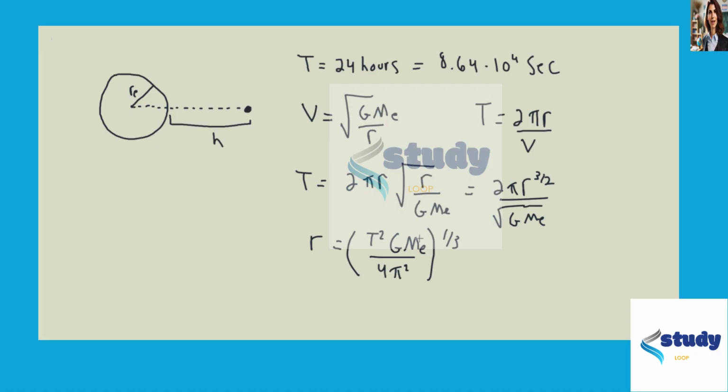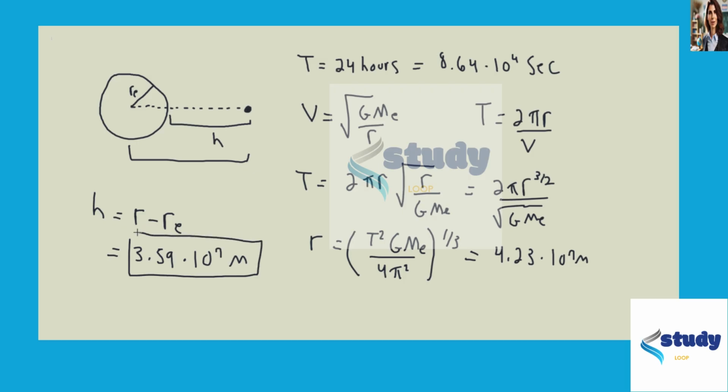We look up the mass of the Earth, we know G. So we compute this as 4.23 times 10 to the 7th meters. But remember, that's this total r here, so we just want h. So h will be r minus R_E. And so when we do that, we'll get 3.59 times 10 to the 7th meters.